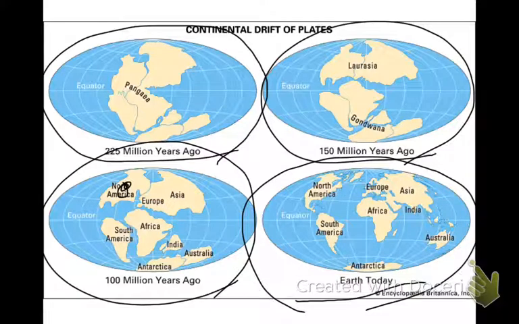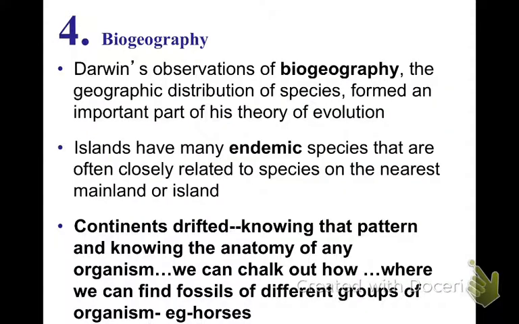When they actually looked for fossils, they found the most ancient form there. This is explained by the concept of biogeography, wherein the geographic distribution of species is very important in Darwin's theory of evolution. He is saying that islands have many endemic species, which are most commonly related to the species on the nearest mainland or island.